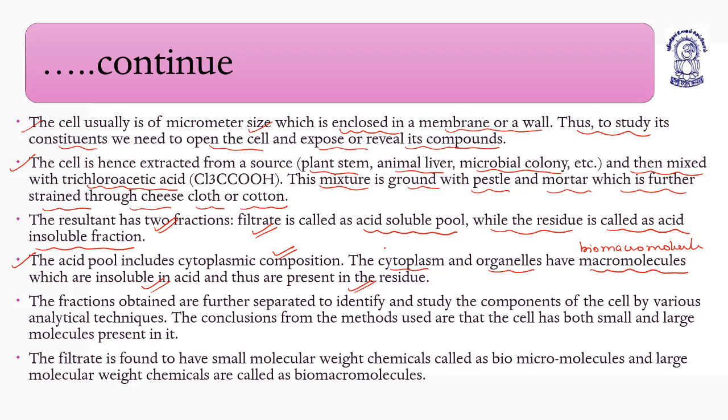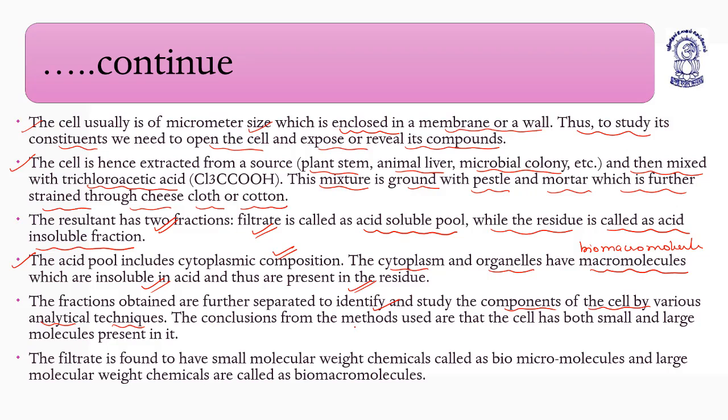So the resultant has two fractions: one is the acid soluble and the other is the acid insoluble fraction. The acid soluble fraction includes the cytoplasmic composition, while the biomacromolecules, or large molecules, are insoluble in acid and thus are present as residue. The fractions obtained are further separated to identify and study the components of the cell by various analytical techniques.